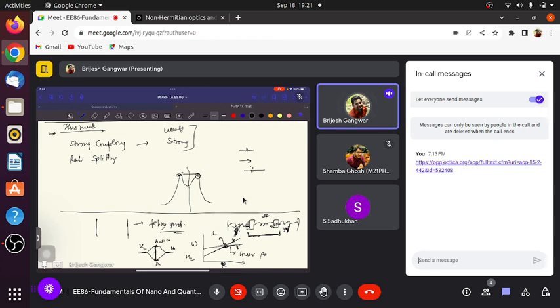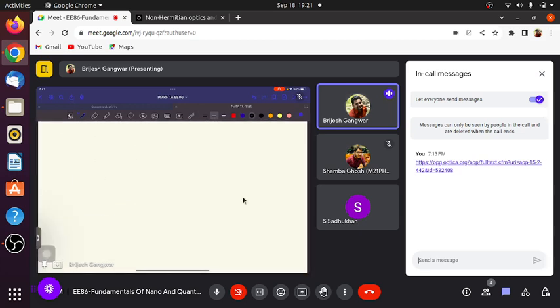At which frequency? Let's say this is one oscillator, an optical oscillator. You can consider it as a Fabry-Perot or any type of optical resonator.